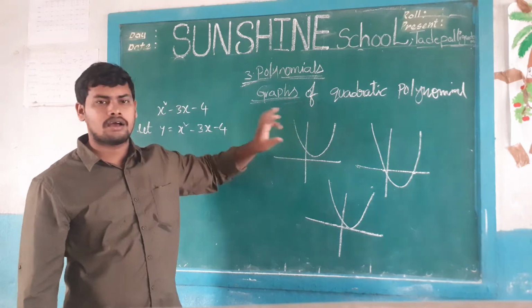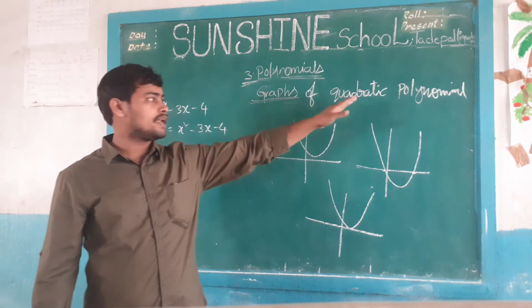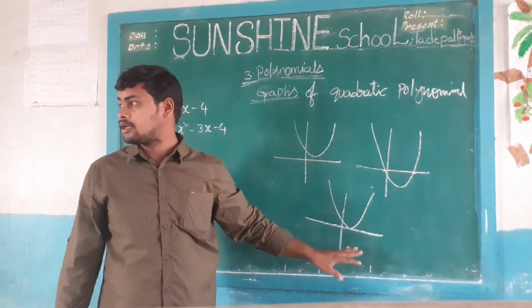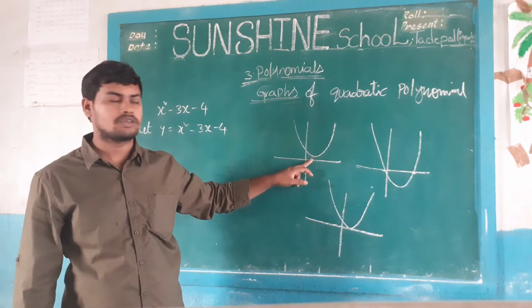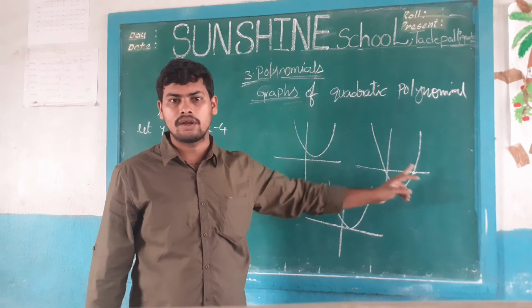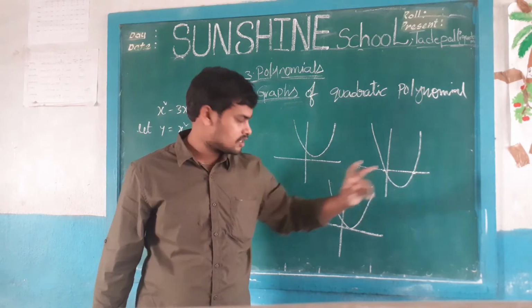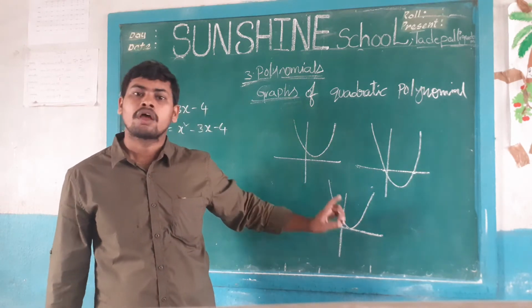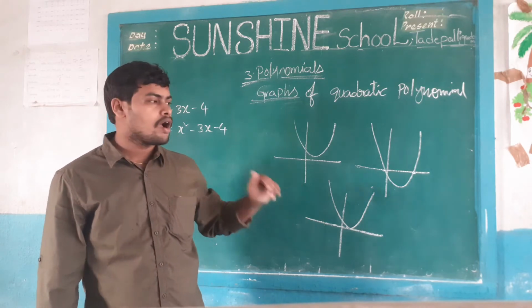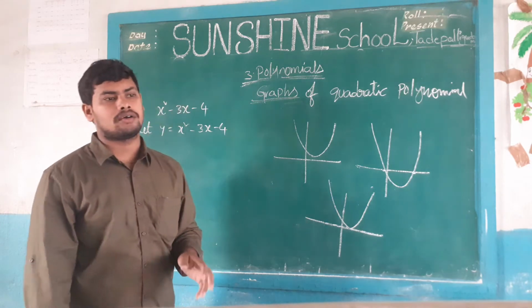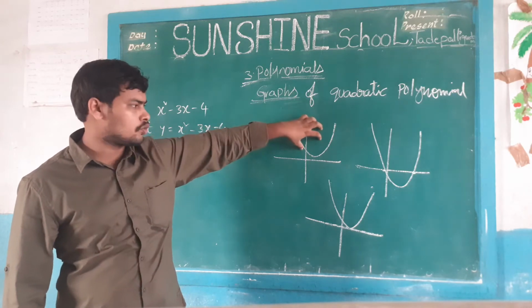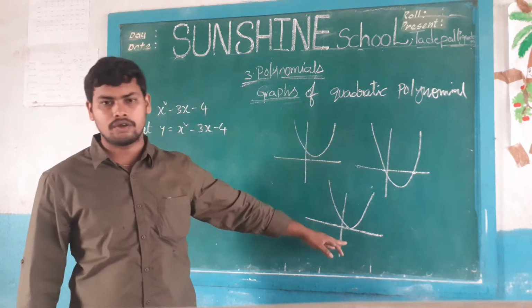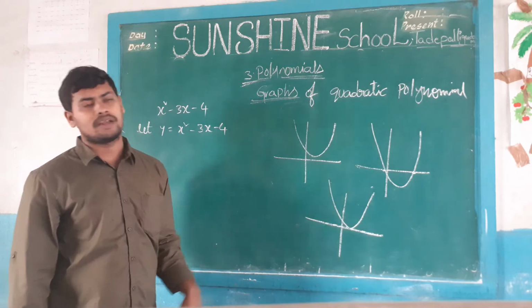So the quadratic polynomial has these 3 forms. First one, there are no zeros. Here it intersects at only 2 points. Here it intersects at only 1 point. How can you verify whether there are no zeros, only 2 zeros, or only 1 zero?